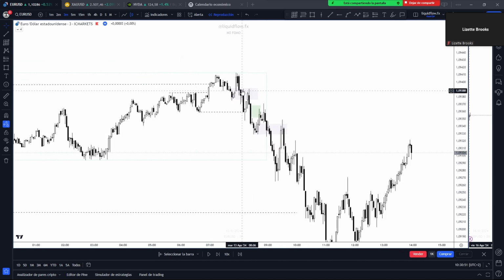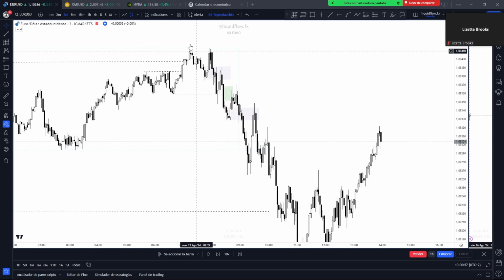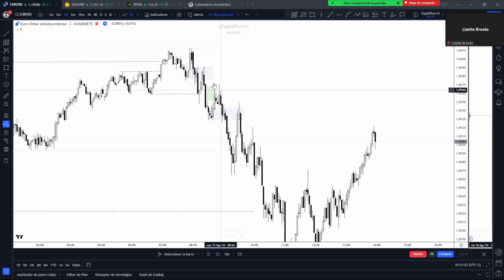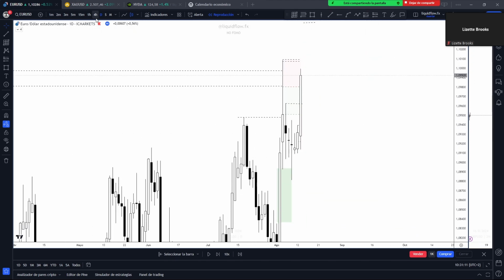So how many do you have? 1, 2, 3, and if you tap this one. But even if you trade like that, that's not a high probability trade. So you need to know it's a risky trade, even if you get that kind of movement. Why? Because my daily bias is still bullish.